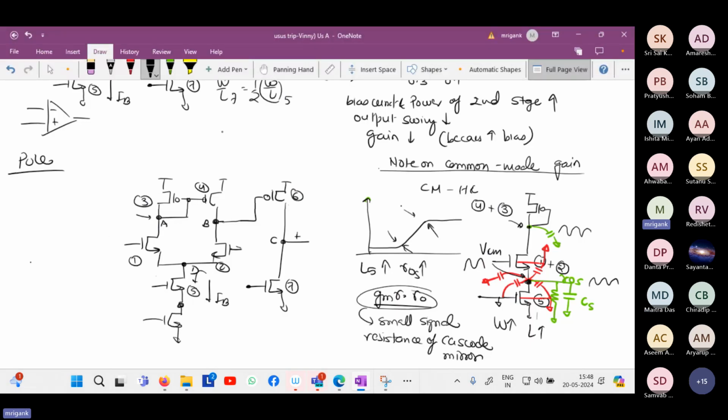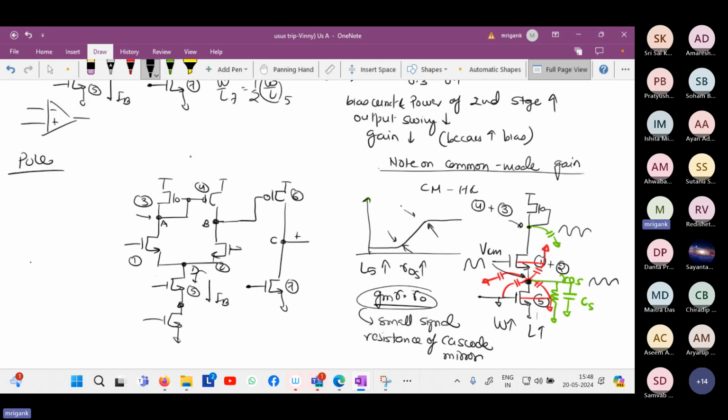This is cascode. Whatever I have done here. Yes, any disadvantage? Sir, I think the voltage swing will decrease. Voltage swing will decrease.